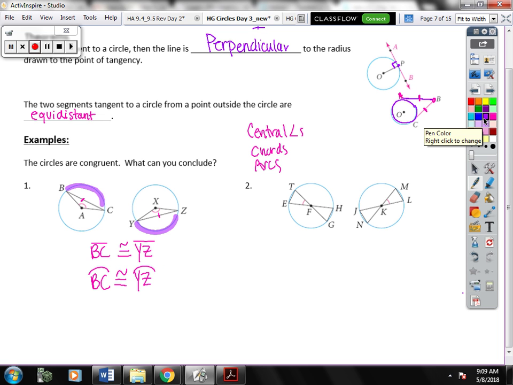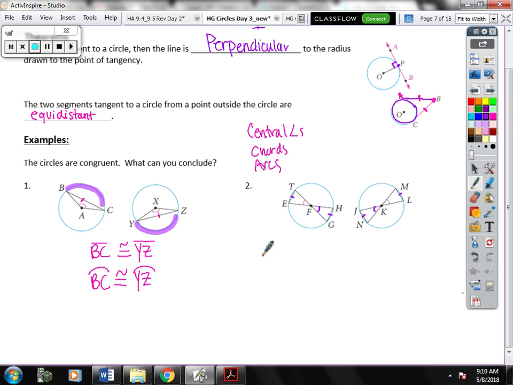Now the next one, we actually have two central angles given. But what are these types of angles? You actually know that these are congruent also. So you actually have four angles that are congruent to one another. Remember, we go from central angles to chords, which means this chord will be congruent to this chord and this chord and this chord. So we're going to write a big, long congruent statement.